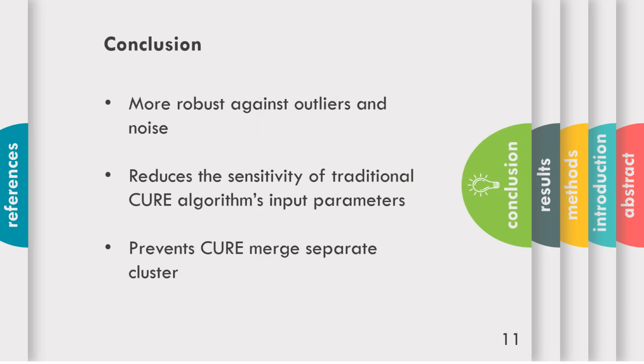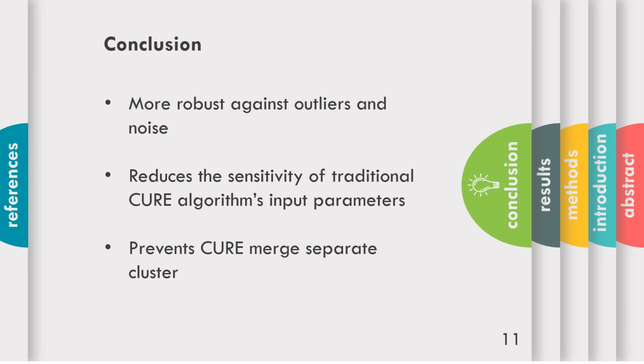The traditional CURE clustering algorithm has some difficulties in setting hyperparameters for achieving high efficiency. In this paper, we proposed a modified CURE algorithm that uses density-based cluster center selection for obtaining the cluster centers.